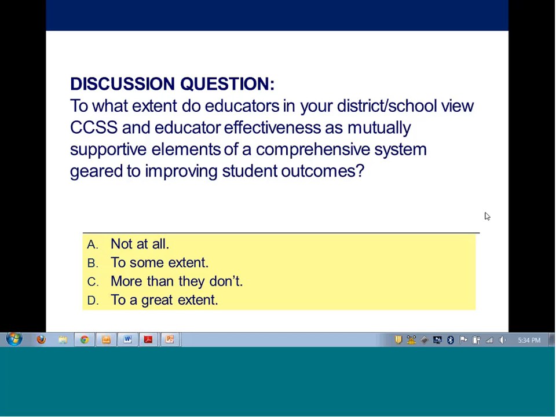So just a few more of you. It looks like we've got most of you finished and in. I think I'm going to go ahead and close this poll and show you the results.